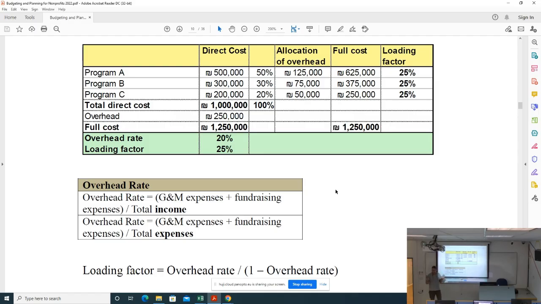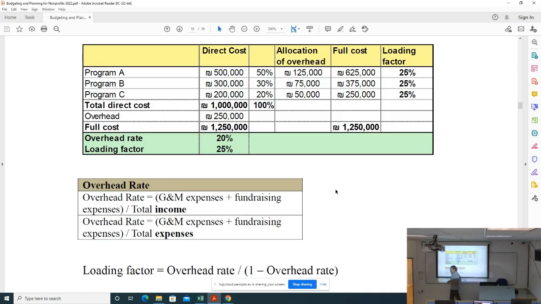So in order to make sure that we don't get confused, I invented a new term which is called the loading factor, so that we will not call this one and this one overhead rate. Sometimes people refer to that as overhead rate from above and overhead rate from below, and there is a little bit of confusion in the terminology, so I'd rather have a new term.